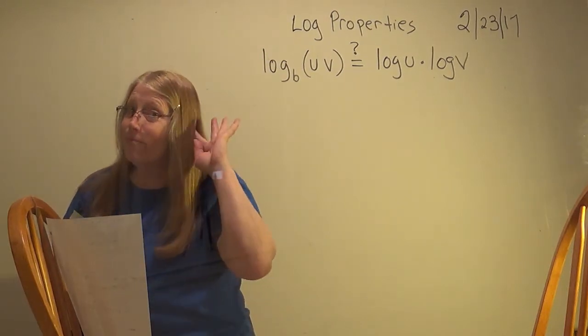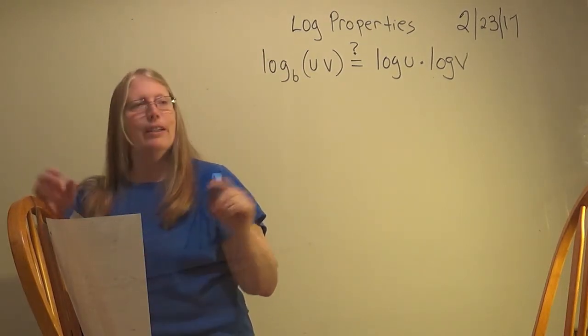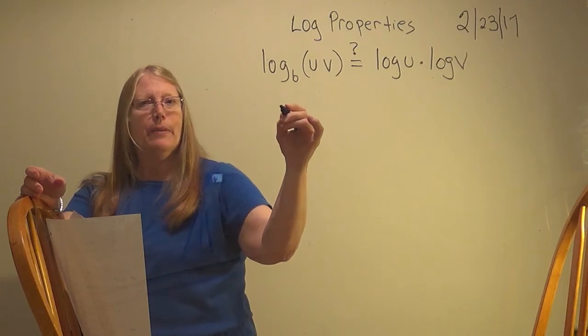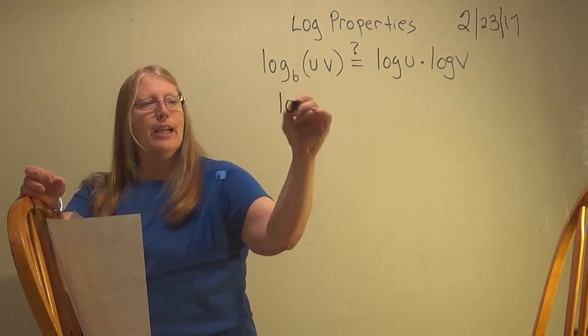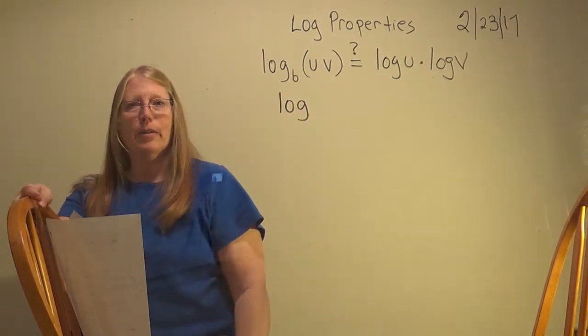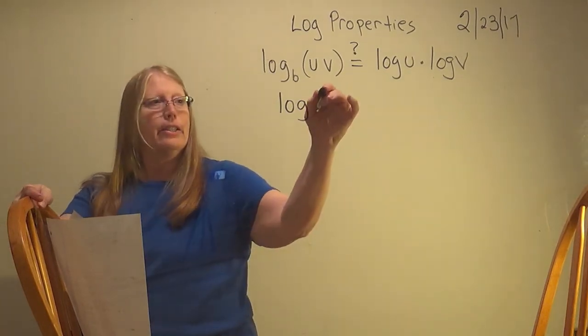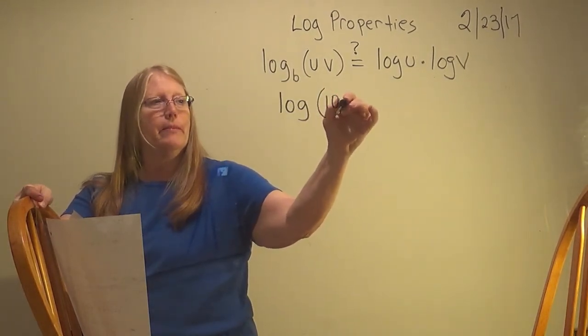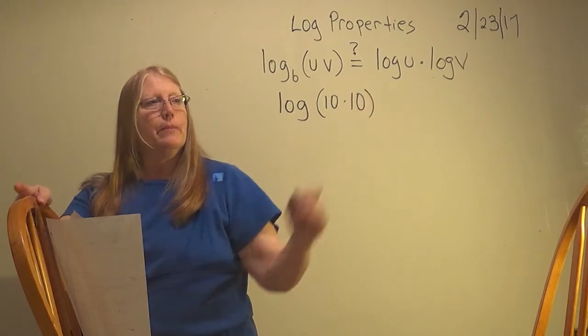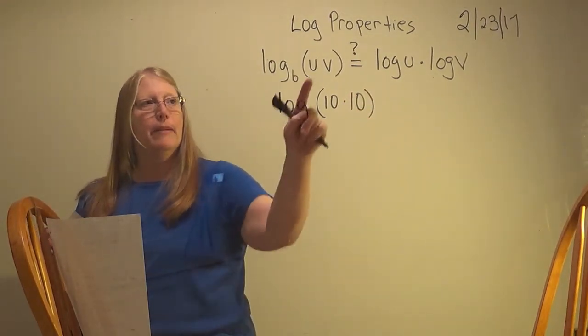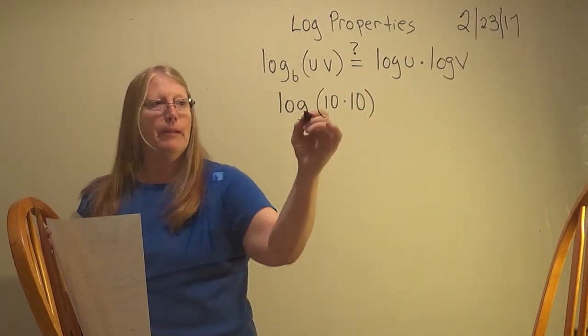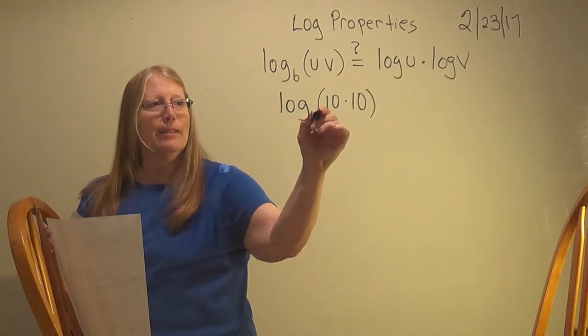Alright, so I'm going to do it by example, which is not a rigorous proof, but I think it will help us at least understand what I come up with. Suppose my u is 10 and my v is 10, and my base b is 10.